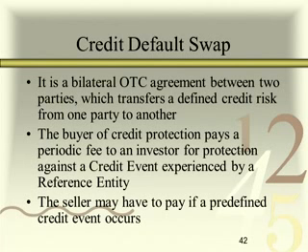This covers the event of a credit event experienced by what we call the reference entity. That's the person you've loaned to, or the amount you've loaned. The seller may have to pay if a predefined credit event occurs. So if the credit event is bankruptcy, then the person you paid the premium to has to pay.